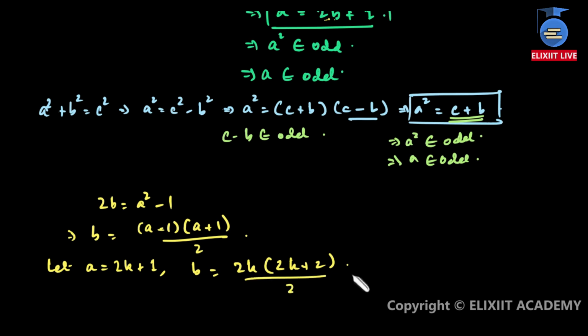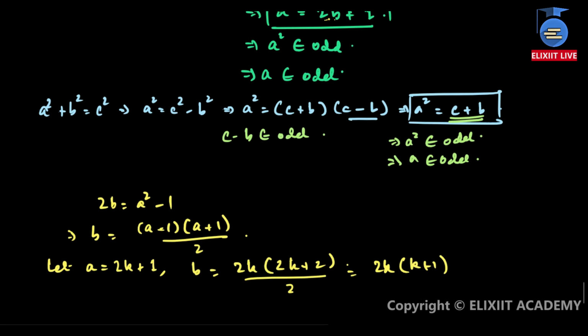Now the 2 will be cancelled from here, which you can simplify and write as 2K into (K plus 1).